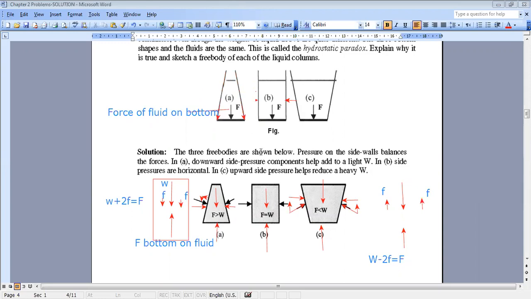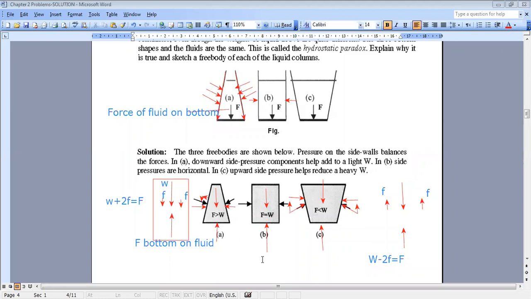Big F is always up, because here you should pay attention to what you mean by F. If you mean the force of the fluid on the bottom surface, it's a downward force. But when you take the fluid as your system, then you put the force of the bottom on the fluid, which is upward.